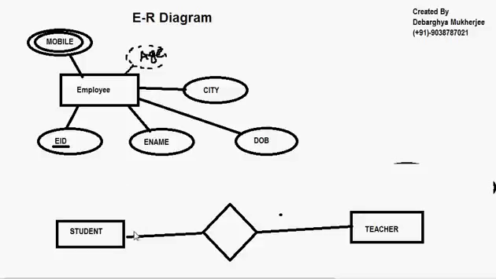In this situation, one student can have one teacher only, and one teacher can have only one student. Clear? So this is the basic ER diagram.